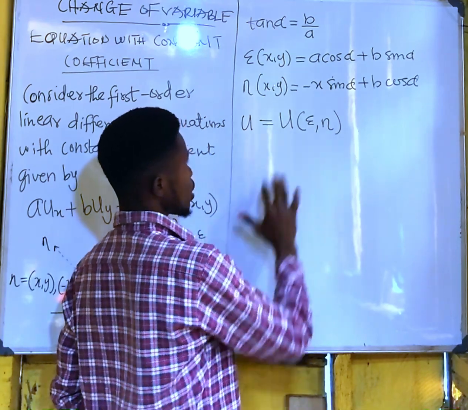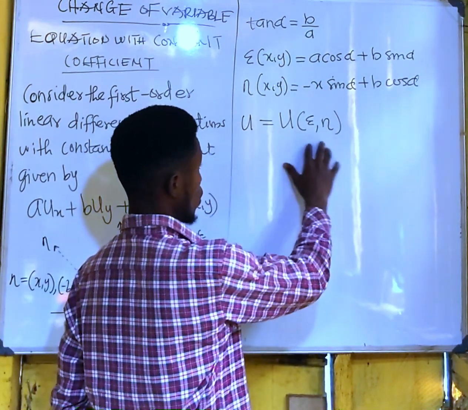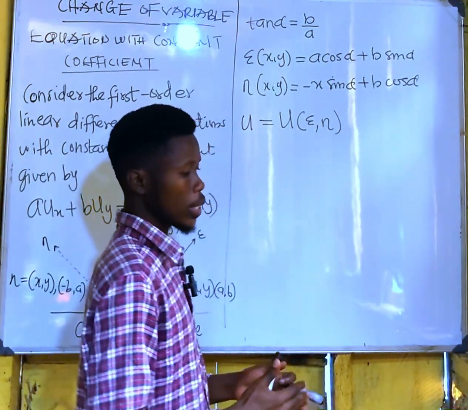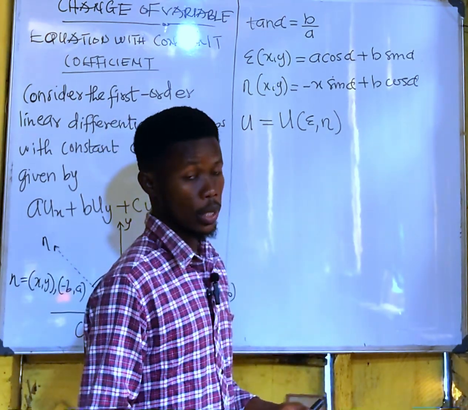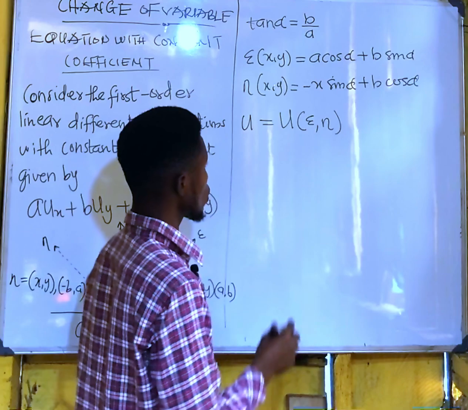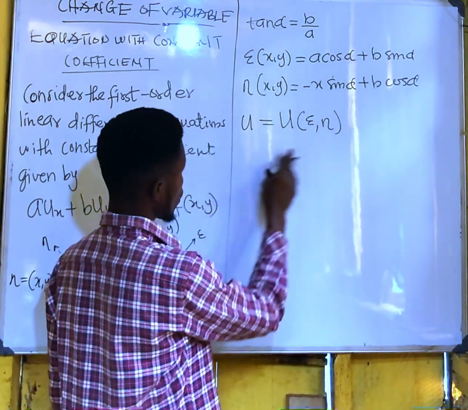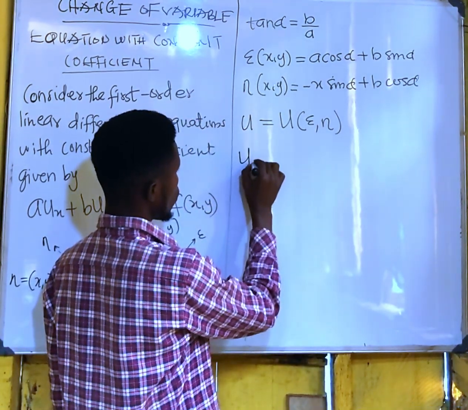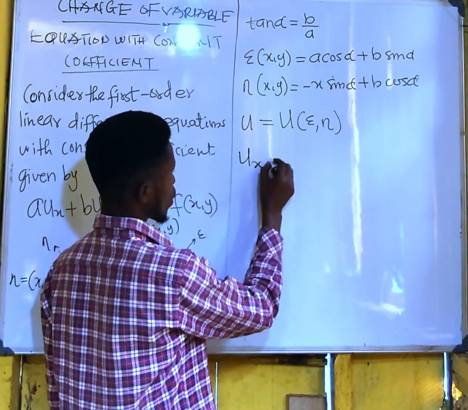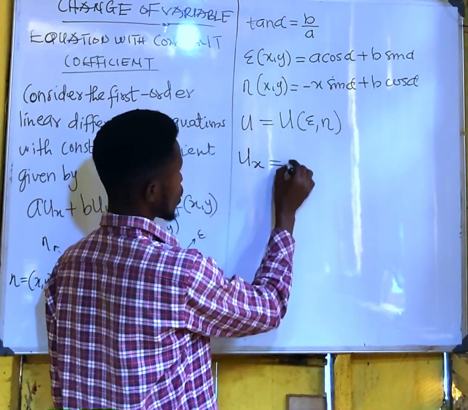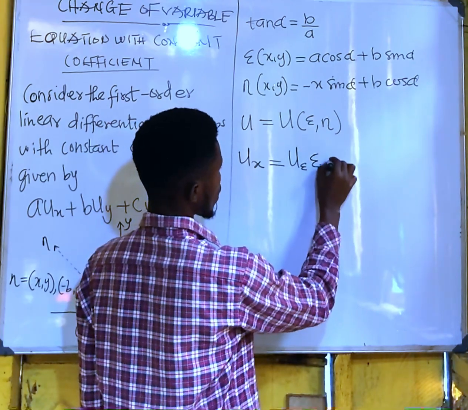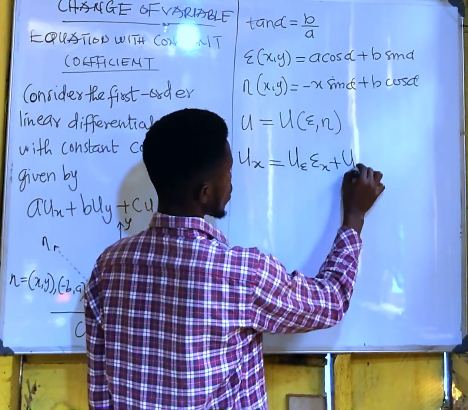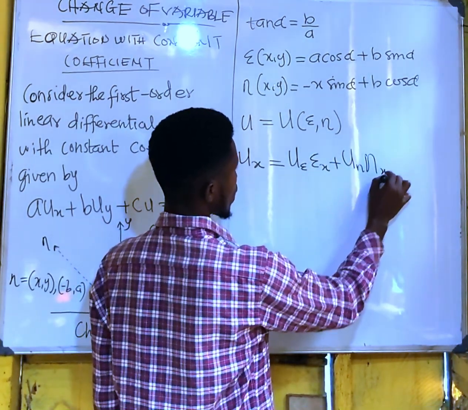Now we are going to use the chain rule to differentiate this partially. But the way the question will give it to you, that's how you look at it and differentiate partially. So if I'm using the chain rule, first I'm going to differentiate with respect to x, and we get u xi x plus u eta x.